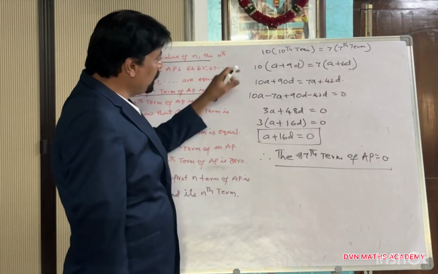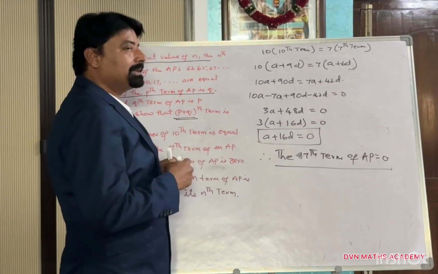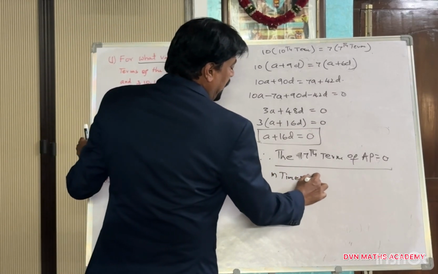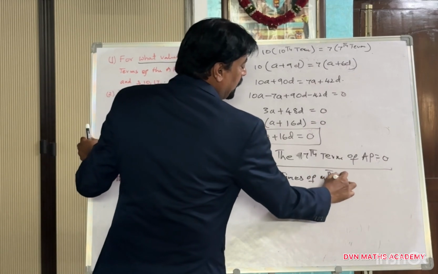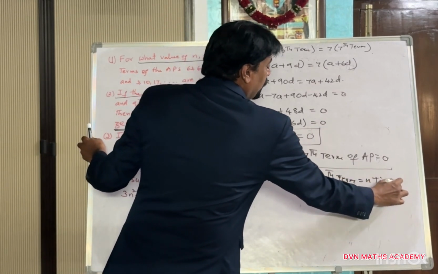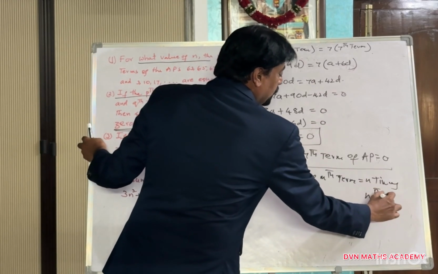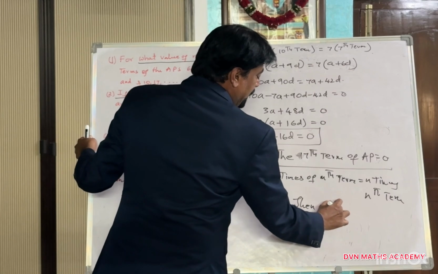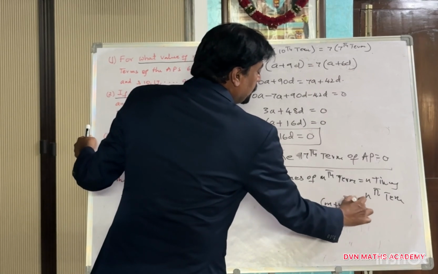By seeing this question, there is another question, just you solve it. M times the mth term is equal to n times the nth term. Then the m plus nth term is equal to 0.